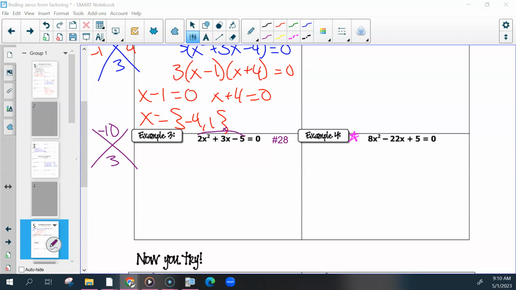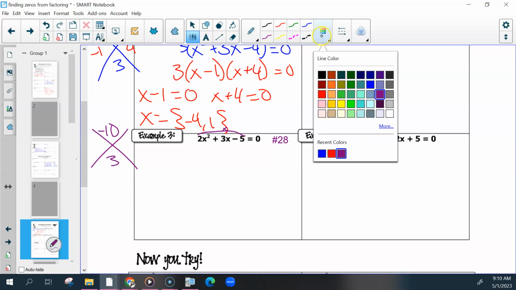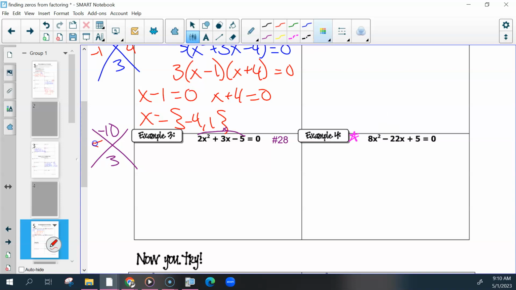Yes. But because this one had a number in front, this one we don't just replace, we rewrite it. If you wrote yours the opposite, that's fine.